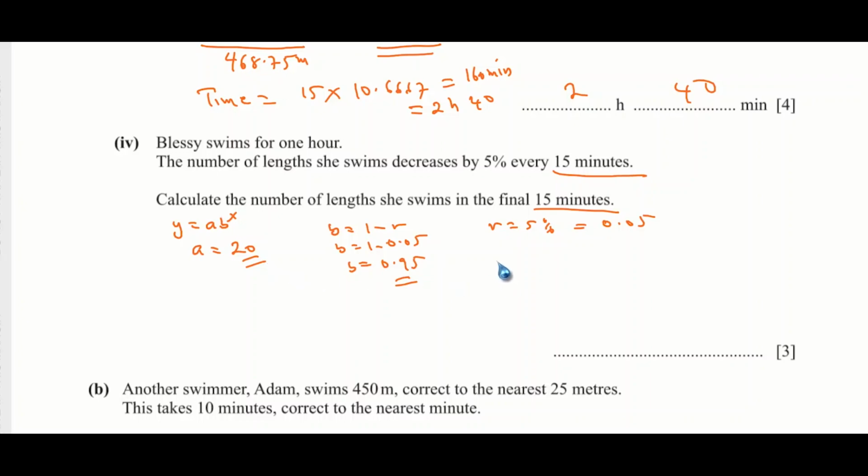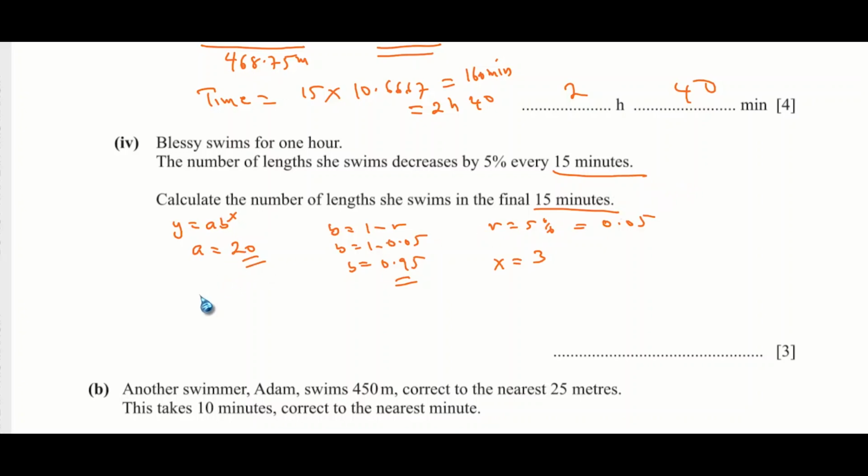So, and x now, so x will be equals to 3. Okay, because it is within the final one, so it should be 3 out of the 4 quarters. Because in 1 hour, you can see 4 lots of 15 minutes. Okay, and in the final one, it's still on, so we have the first 3.